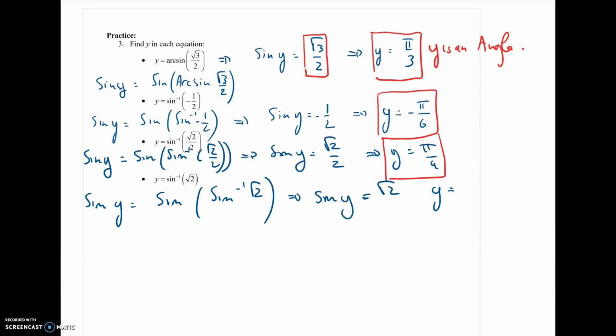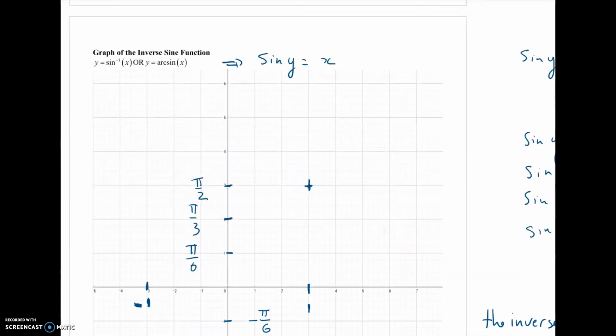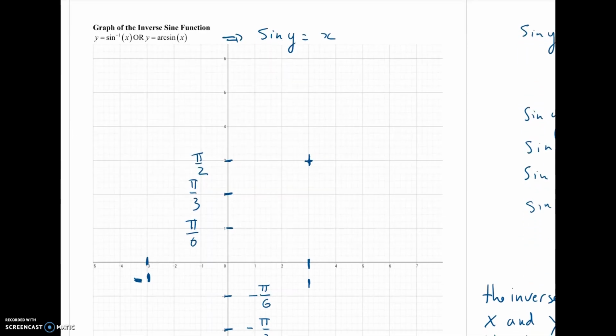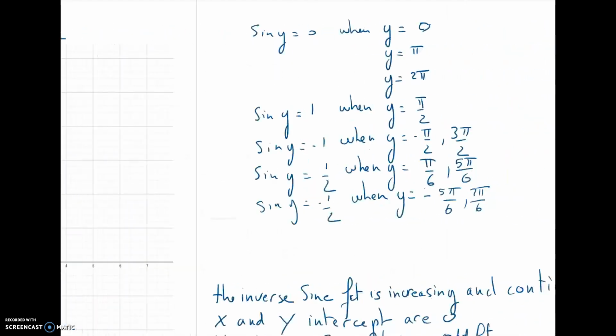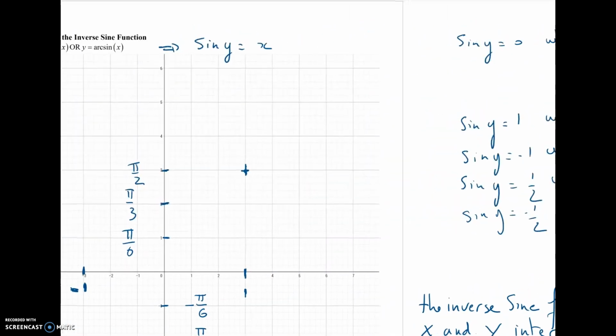All right, so let's move on to the graph of sine minus 1 of x, which is the graph of y equals arc sine of x. On the vertical axis, you are going to have y, and on the horizontal axis, x.